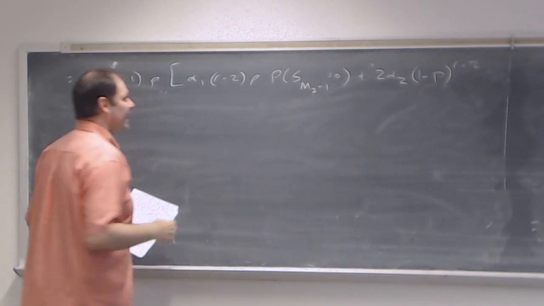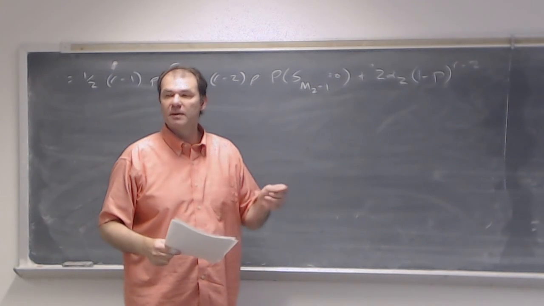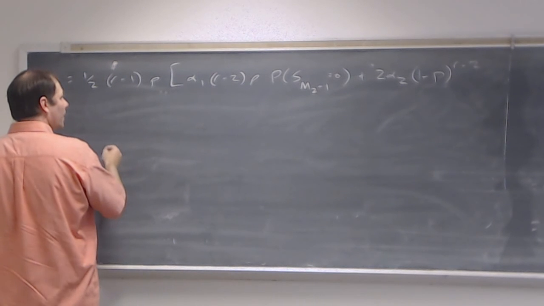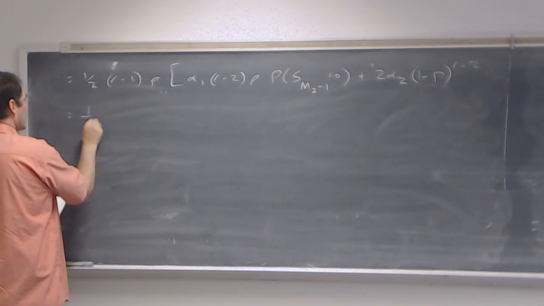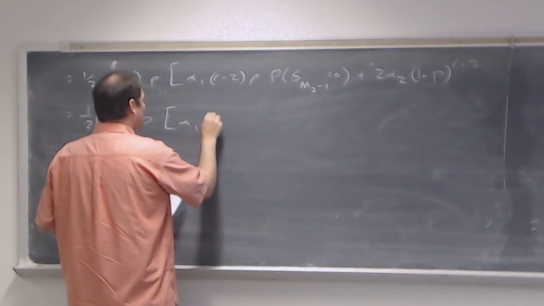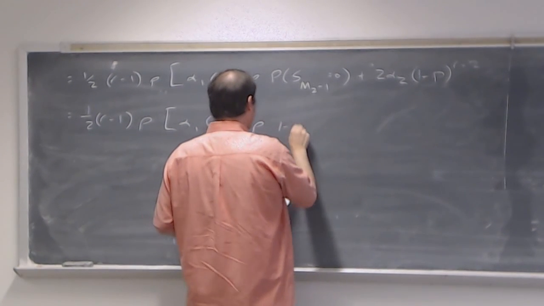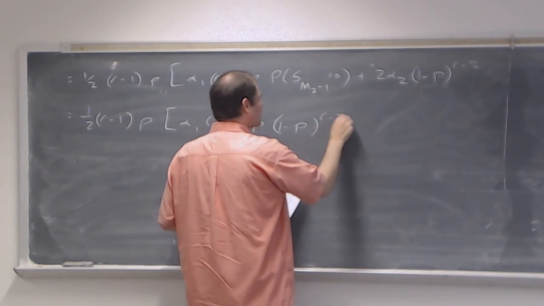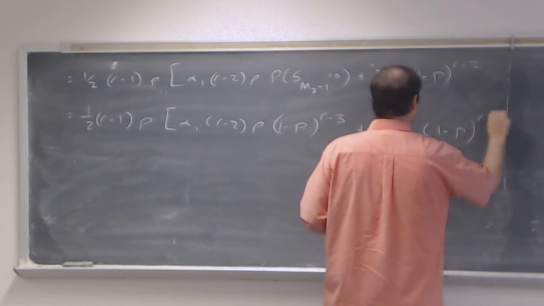Okay, this is going to be binomial, the M sub 2 minus 1 is going to be binomial with parameters R minus 3 and P. So this ends up being 1/2 R minus 1 times P times alpha sub 1 times R minus 2 times P. This ends up being 1 minus P to the R minus 3 plus 2 times alpha sub 2 times 1 minus P to the R minus 2. Okay.